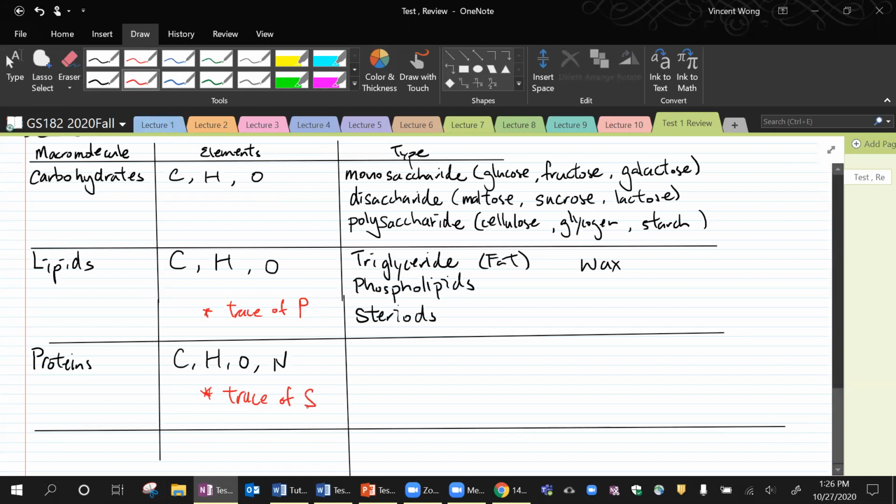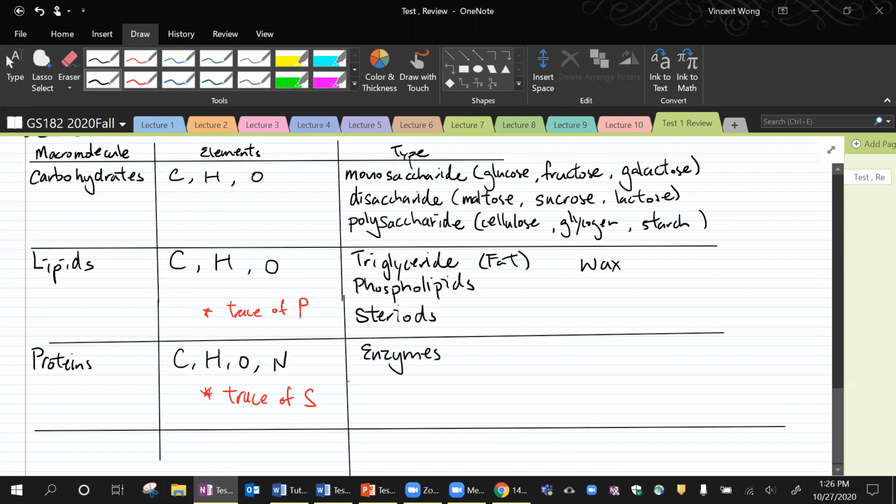Trace of sulfur. One of the 20 amino acids, cysteine, is the one that has the sulfur in it, and that's going to be important for one of the lectures in the second half of the course. For now, just make a mental note of that. We have different types of proteins. We have proteins that are enzymes.